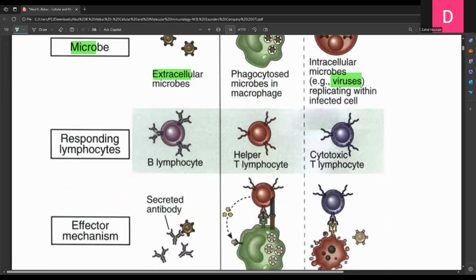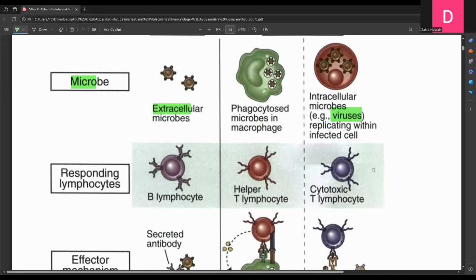Then the second difference is responding lymphocytes. In humoral immunity, the responding lymphocytes are the B lymphocytes, and in cell-mediated immunity there are T helper cells and TC cells. TC cells are CD8 cells, and T helper cells are CD4 lymphocytes.